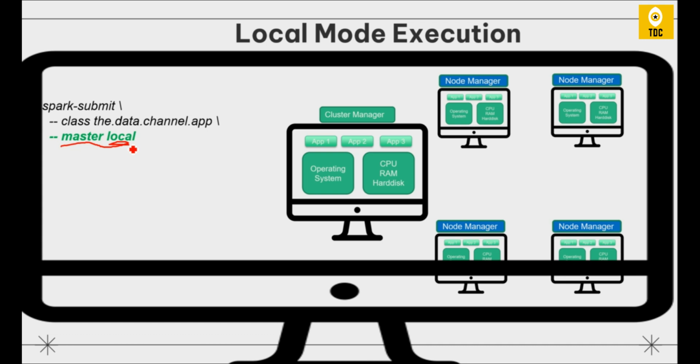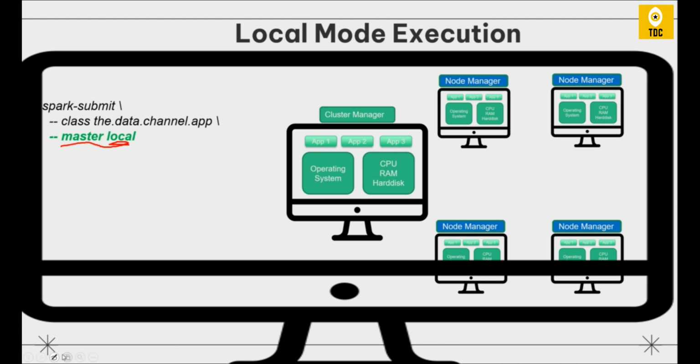This will generally be used by a developer to run a small level of code just to practice, right? It definitely cannot be used for a production scenario, because here we are talking about just a laptop or desktop. So this is just for practice purposes. This is basically the difference between local mode, client mode, and cluster mode.